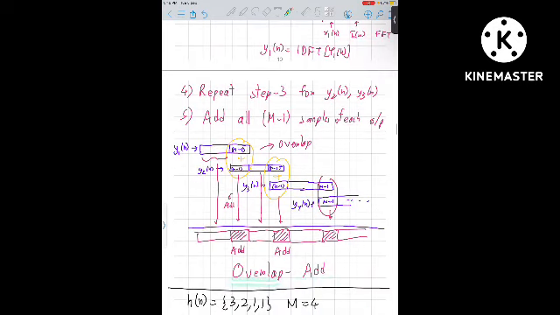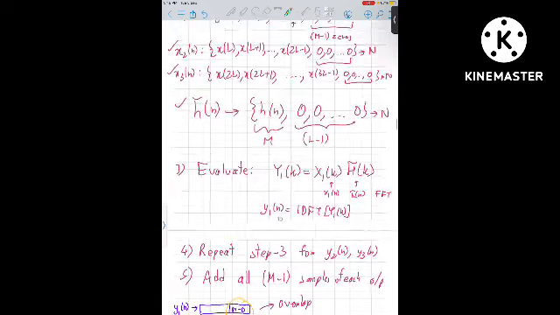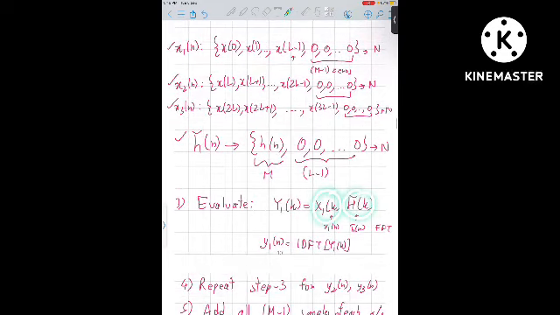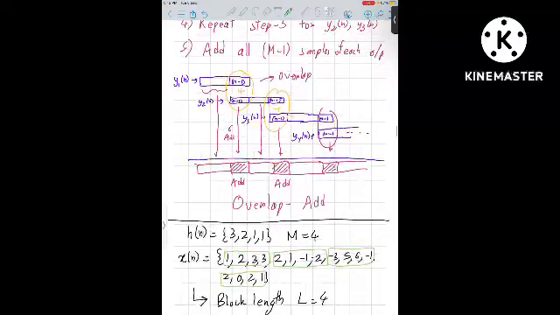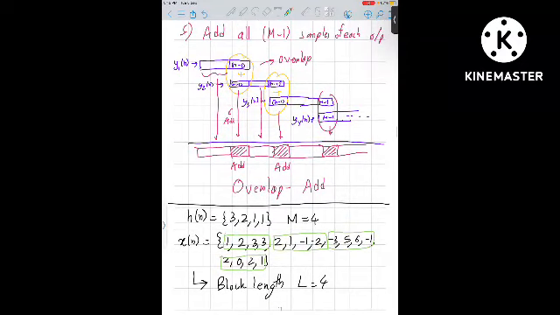And what is our x of n sequence? 1, 2, 3, 3, 2, 1, minus 1, minus 2, minus 3, 5, 6, minus 1, 2, 0, 2, 1. In this we will assume that we are taking block lengths of L equal to 4. So what is n? n is m plus L minus 1, which is 7.